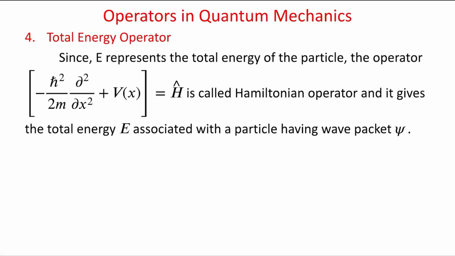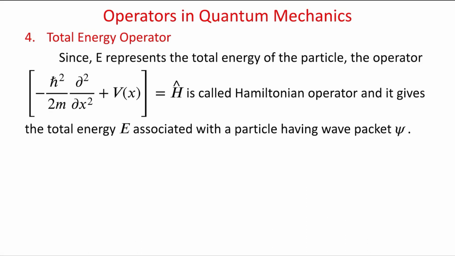Now, since E represents the total energy of the particle, the operator minus h cross whole square divided by twice m del square upon del x square plus V(x) is now denoted by H cap. H cap is a symbol to denote this operator, and it is called the Hamiltonian operator, and it gives the total energy E associated with a particle having a wave packet psi.